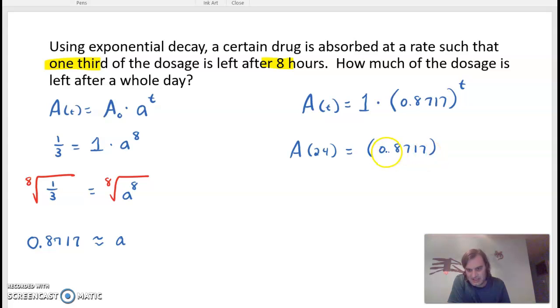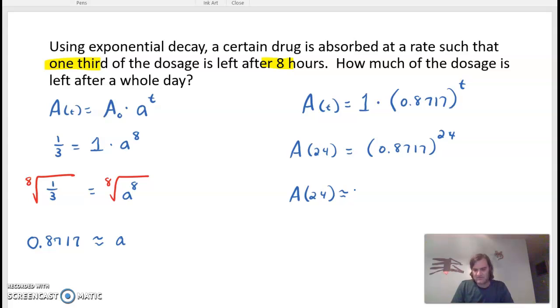So 0.8717 to the 24, and let's see what that gives us. Mr. Calculator is going to be our friend. So whatever the dosage is, that's what we're going to end up taking, seeing how much we have left.